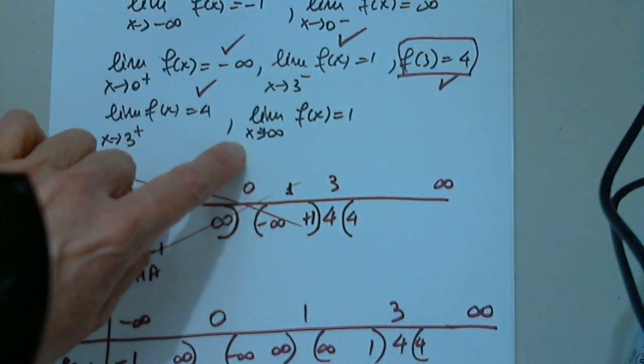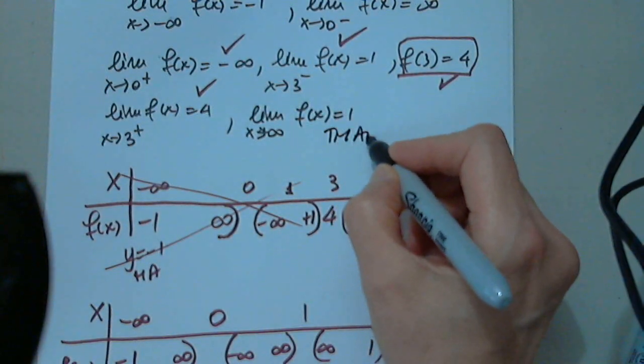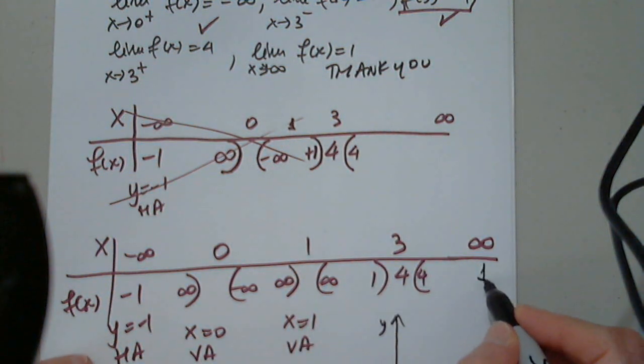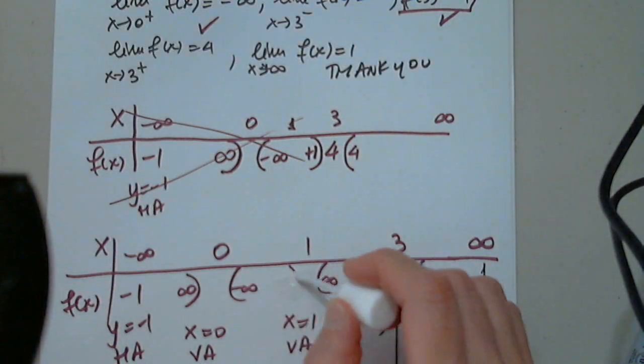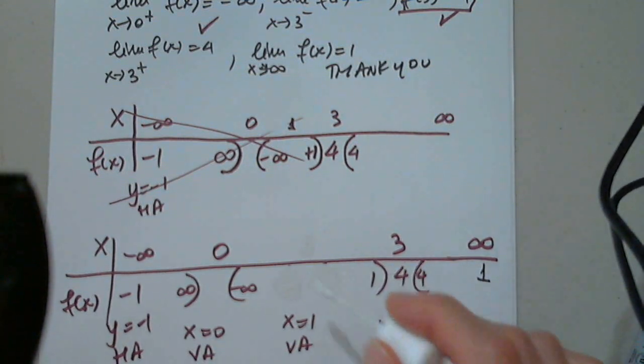Oh, I'm sorry. Yes, yes, yes. Thank you. Absolutely. When x approaches infinity, it is 1. Thank you, my mistake. Thank you for not allowing me to graph that.